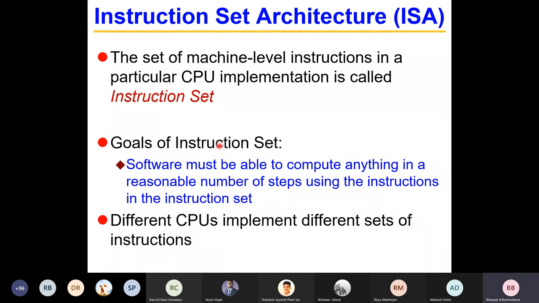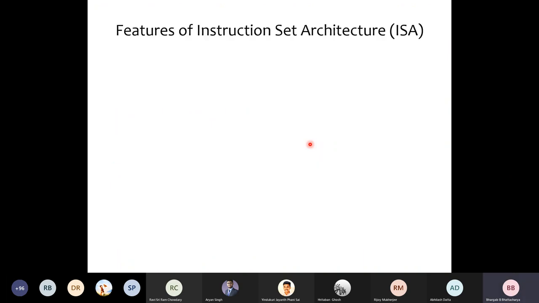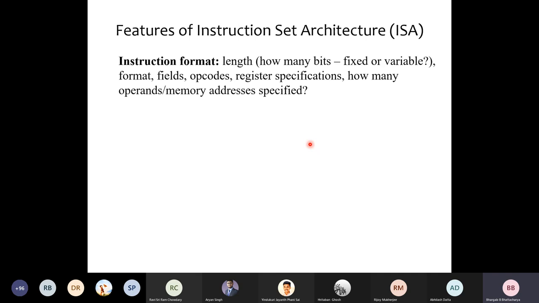So different CPUs have different kinds of instruction set, and depending on that, the corresponding implementation would be different. So what are the particular features that an instruction set architecture should have? First of all, the set of instruction must be complete, right? It should be able to represent any operations you need.